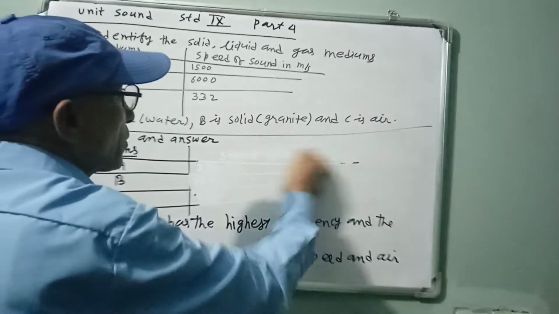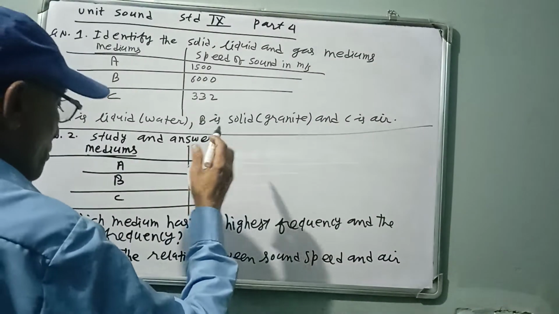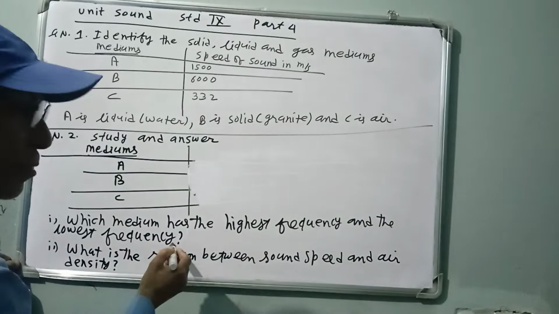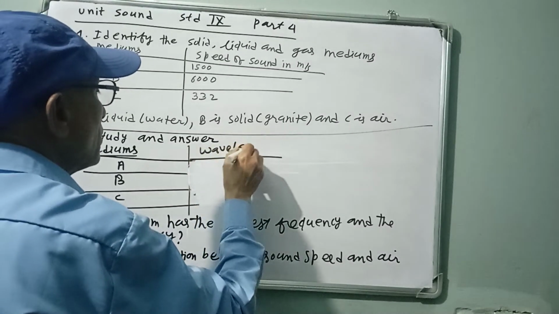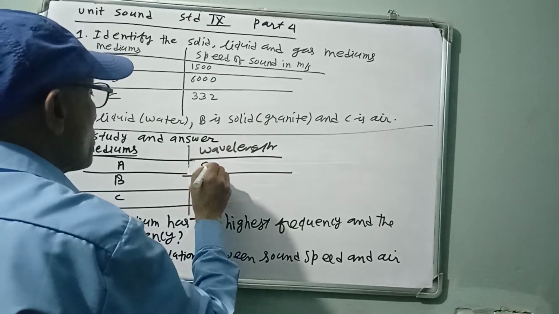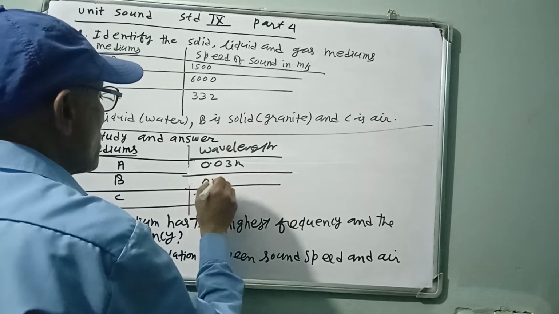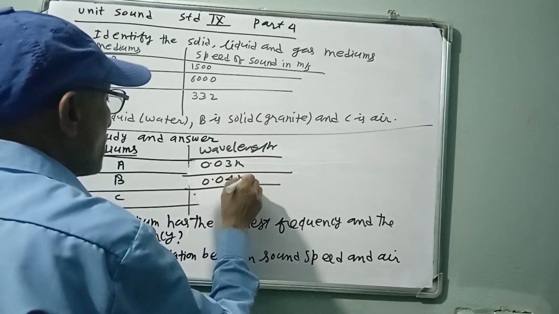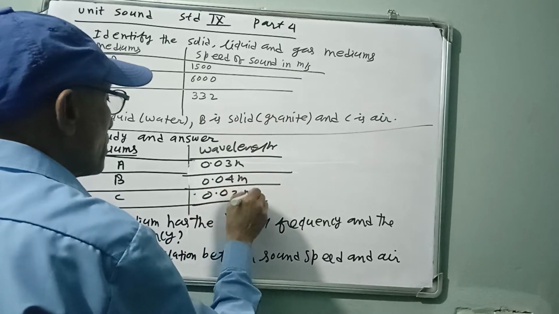If the question is like this, mediums, and you have to write frequency, wavelength, suppose this is 0.03 meter, 0.04 meter and 0.02 meter.